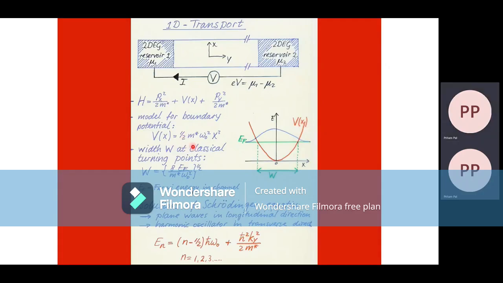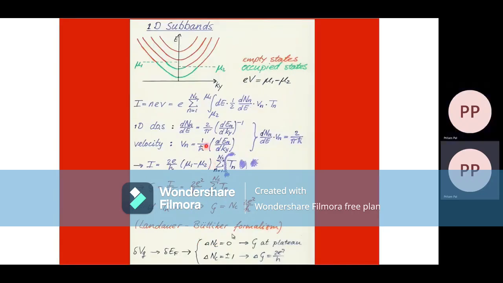So the Schrodinger equation results in a very simple spectrum, basically a harmonic oscillator spectrum. From each value of n, we have a quantized subband dispersing in the y direction, where n equals 1, 2, 3, and so on.